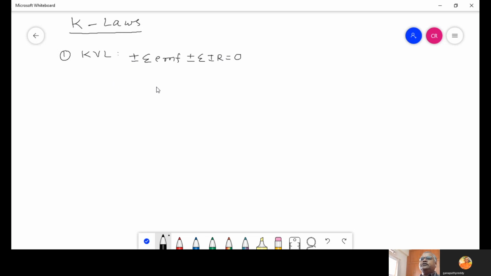When we take a resistor R, the sign convention is very, very important. This is the conventional current. This is our direction.